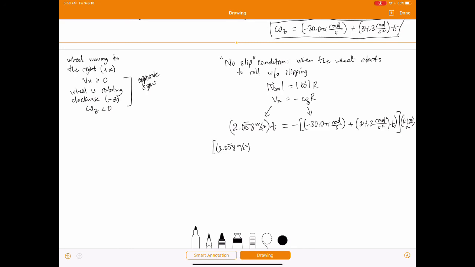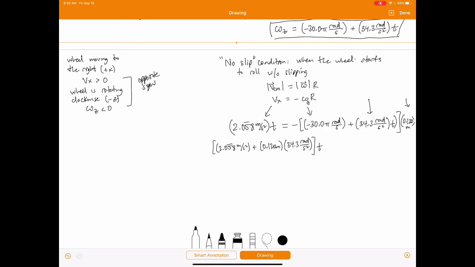And then on the right side, we have minus 34.3 times 0.12, but we're going to add that to both sides, so now it's on the left side, and we have positive 0.120 meters times 34.3 radians per second squared. And again, all of that is multiplying t, okay?